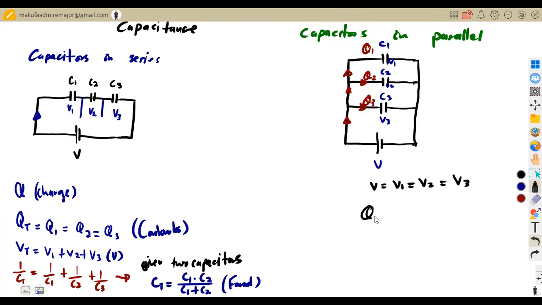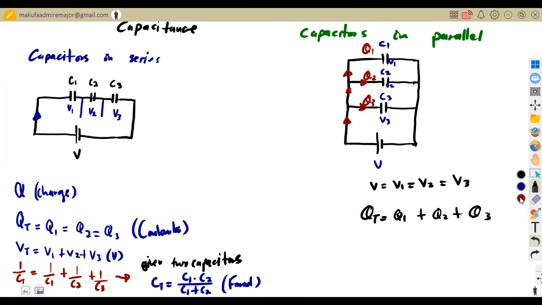So the total charge this time is going to be the sum: Q1, which is the charge 1, plus the charge 2, plus the charge 3 over the given circuit, just like current.